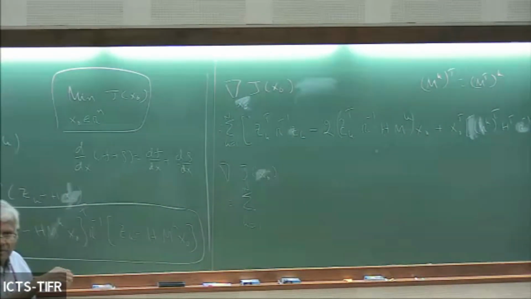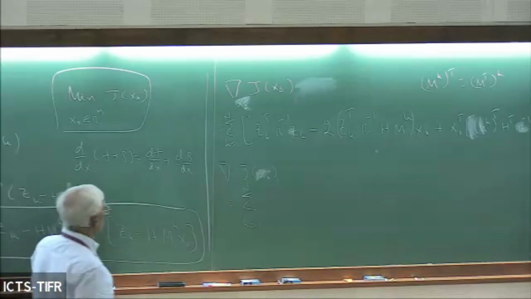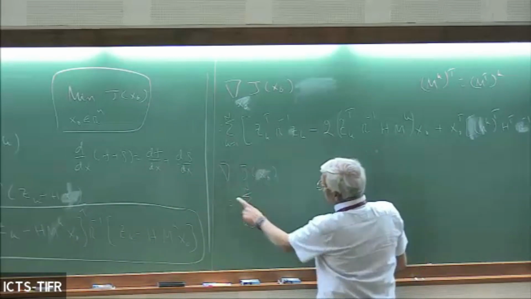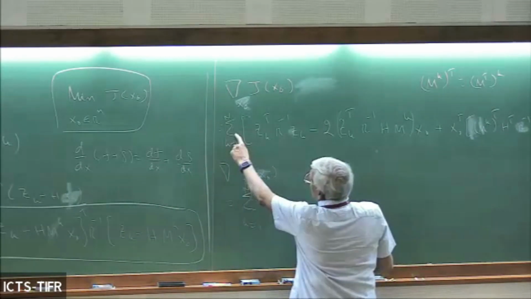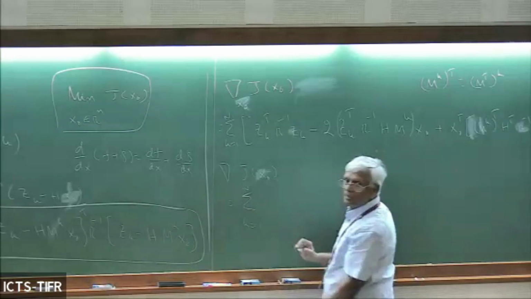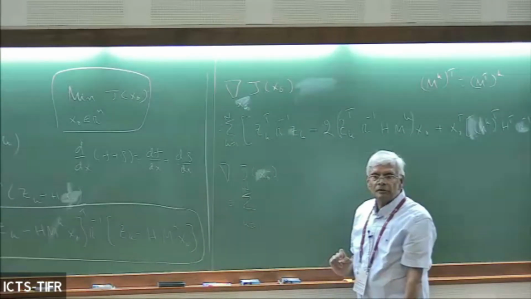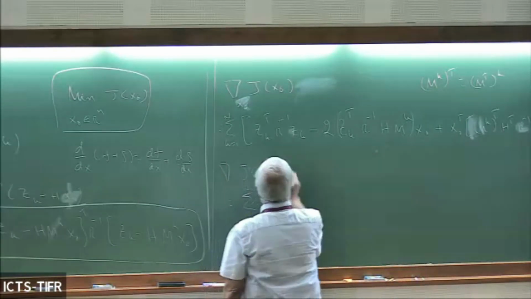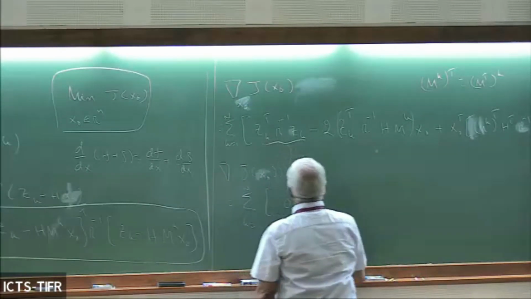So the differential coefficient of the sum is the sum of the differential coefficients. Same thing carries over to here. So according to that law, my gradient operator and the summation operator commute. We talked about that commutativity in the last class. So this is 0. The gradient of this is 0.